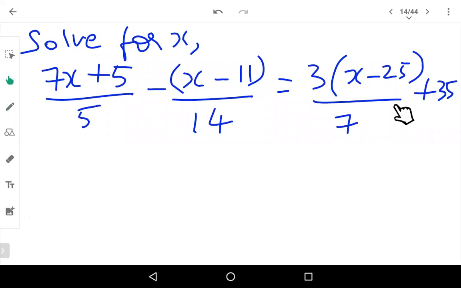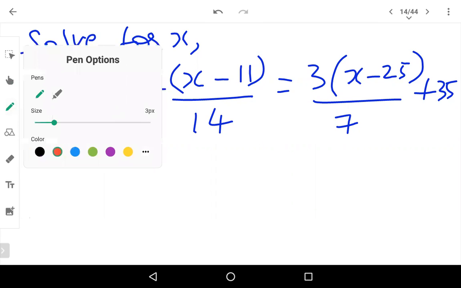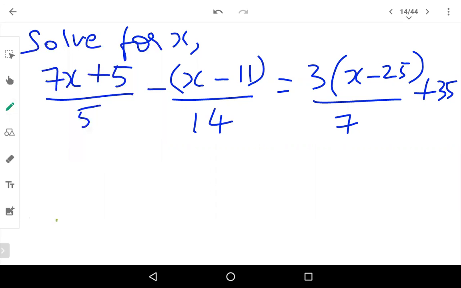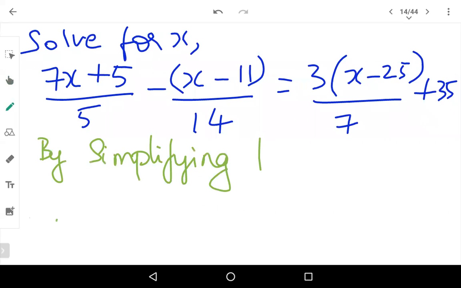Now let us solve this or simplify this step by step. Okay, so by simplifying the left hand side, we get, first we will take the left hand side.